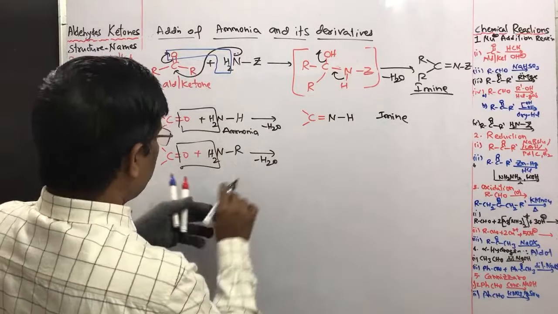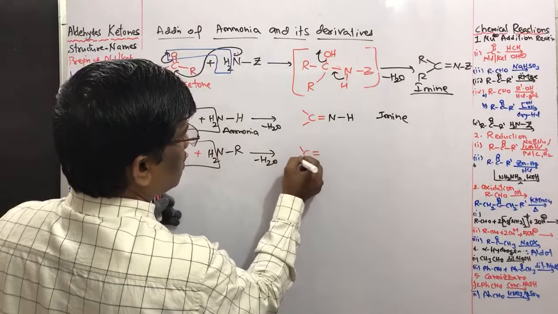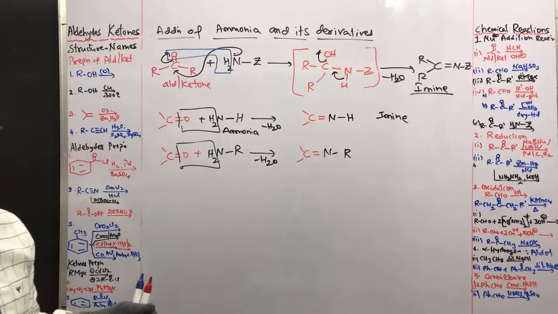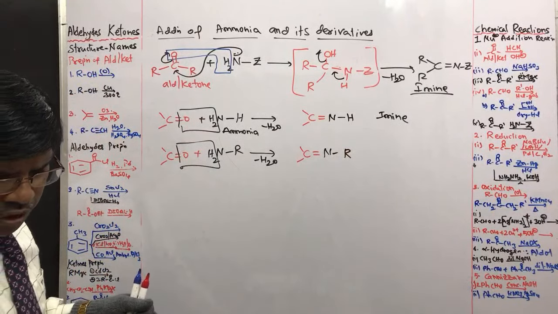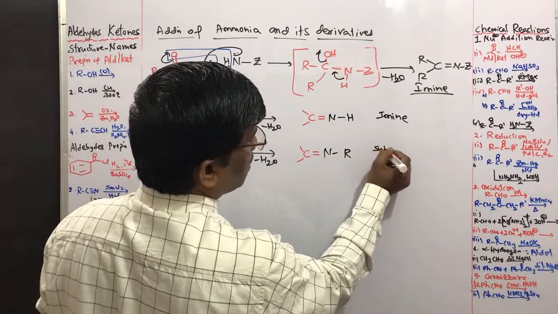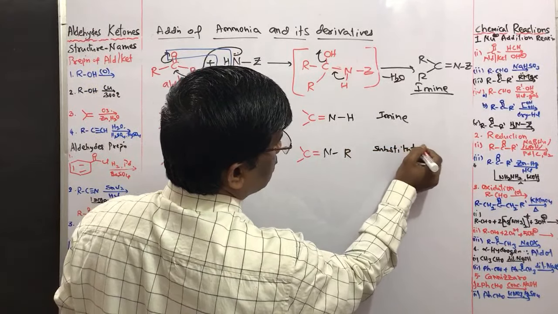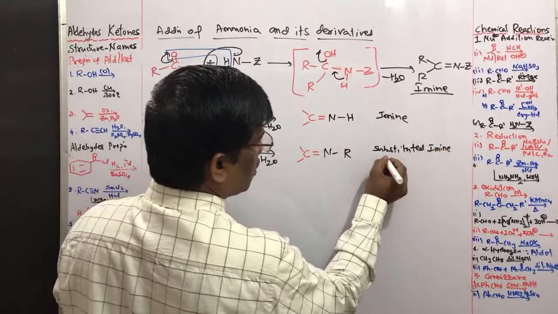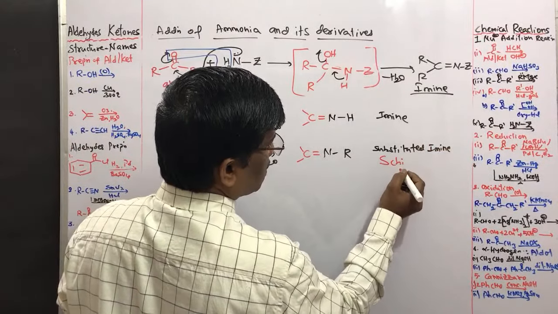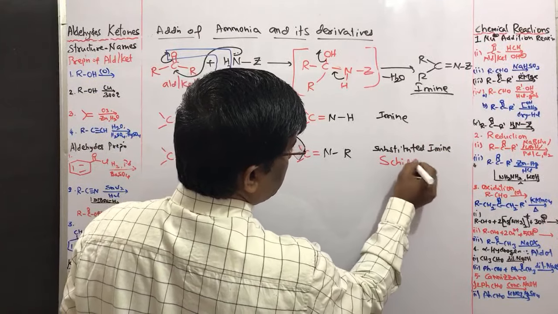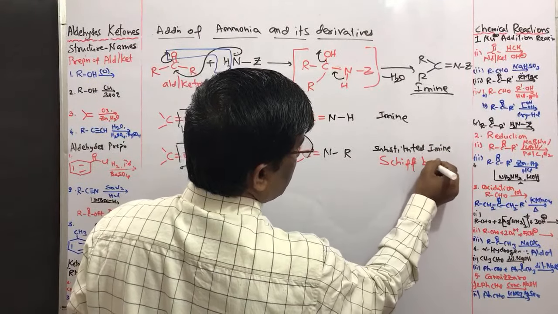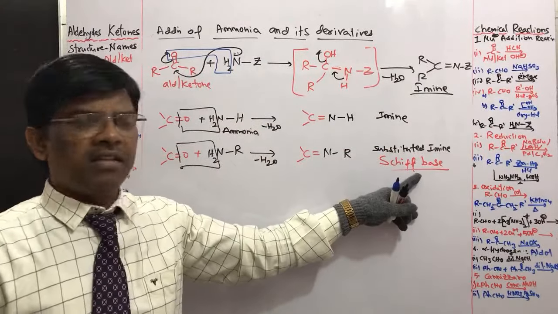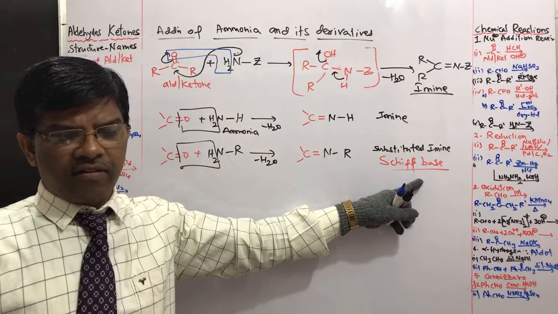Minus water, I am going to get N and R. This is substituted imine, R. It is very important, students. This name will be used in your laboratory. Schiff base. So Schiff base. Please remember, I'll write down somewhere Schiff base.